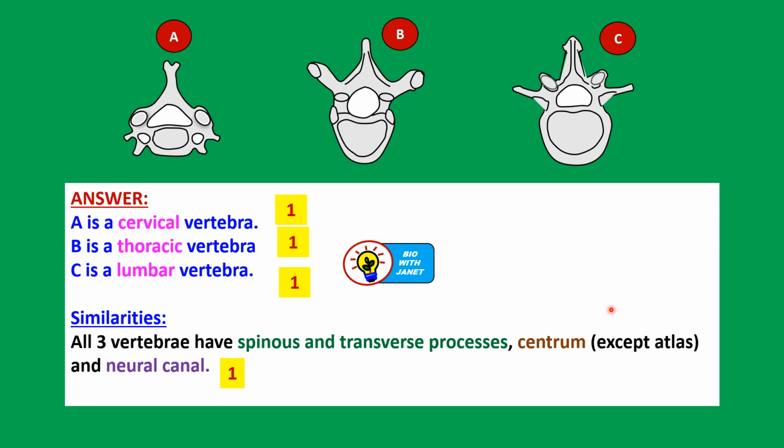Now, similarities. So at least have one similarity. All three vertebrae here have the spinous process in the center here, and the two transverse processes here and here, right? Centrum, okay, you have the centrum, except if you're referring to the atlas, which is not shown here, right?